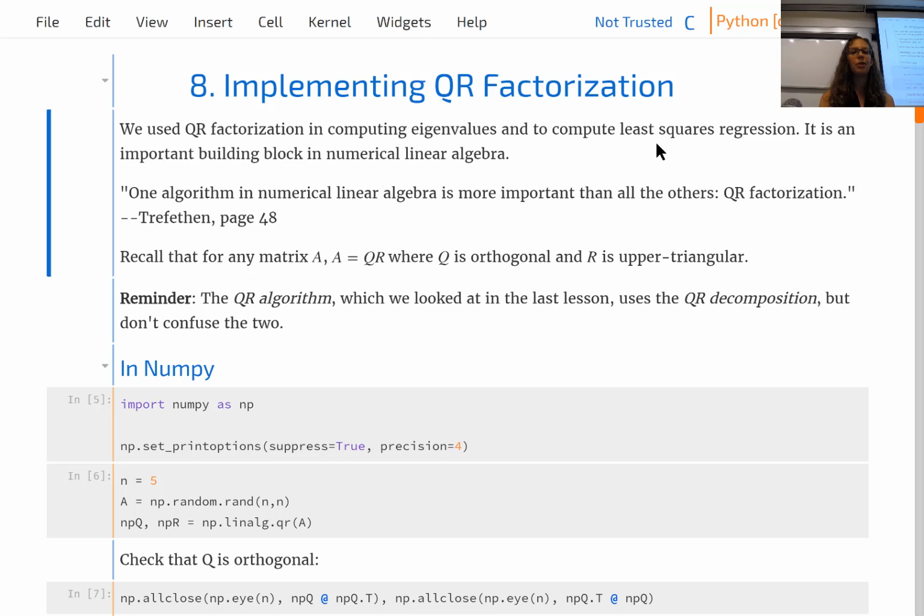It was also a way to compute least squares regression. It showed up in principal component pursuit, how we did robust PCA. It showed up in our randomized range finder. So it's a really important factorization. In fact, Trefethen says one algorithm in numerical linear algebra is more important than all the others: QR factorization. So it's a real fundamental building block.